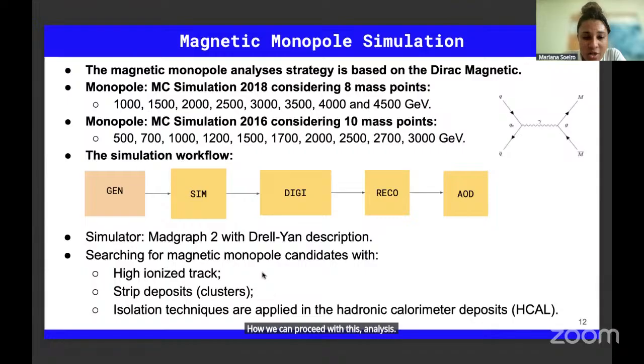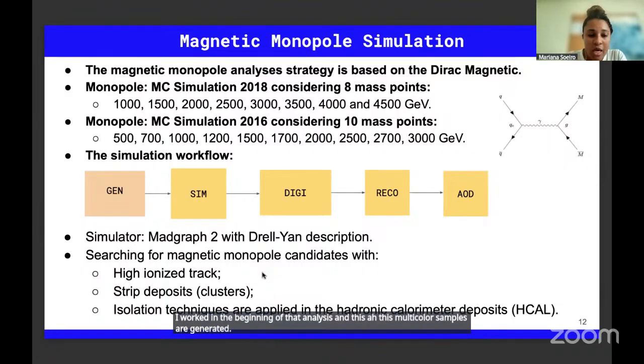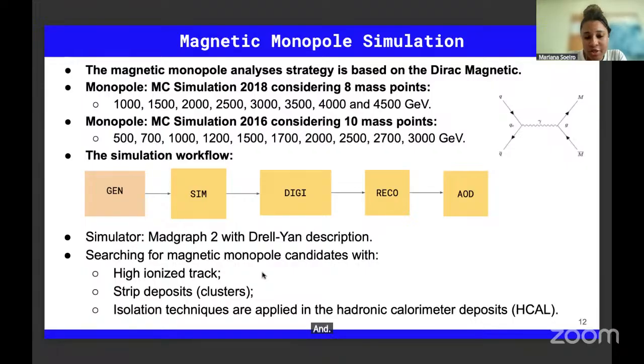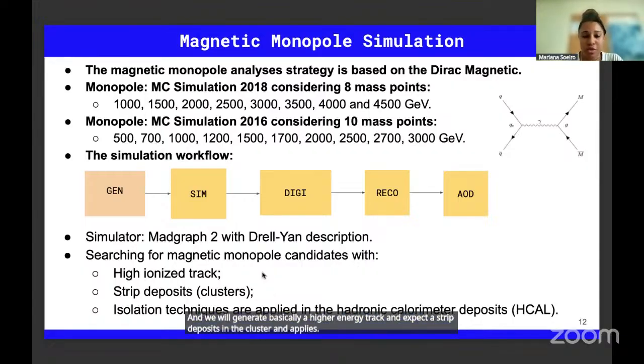I worked in the beginning of that analysis, and these Monte Carlo samples are generated with this chain, and we will generate basically an ionized track and expect strip deposits in the cluster, and apply some techniques to understand if we have some kind of deposits in the HCAL part.